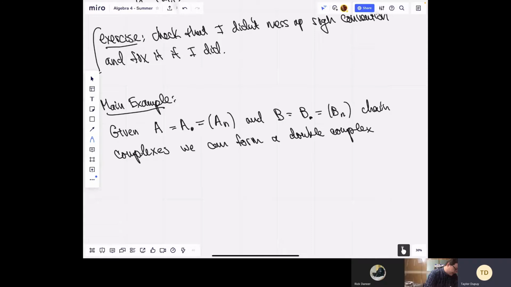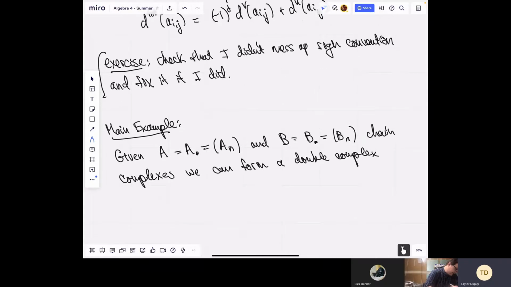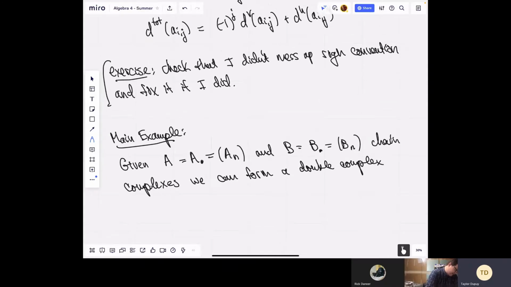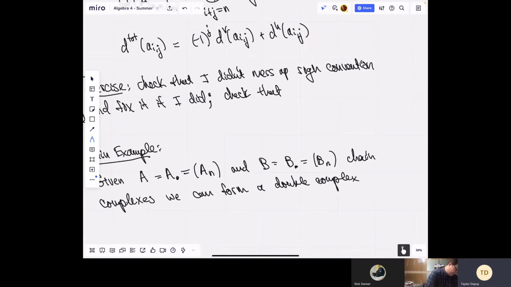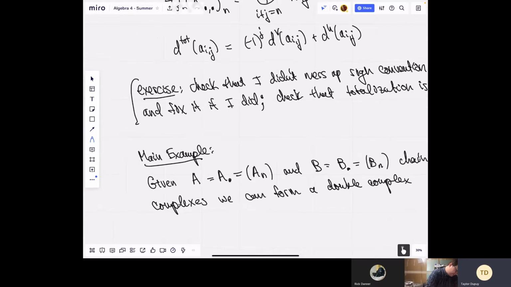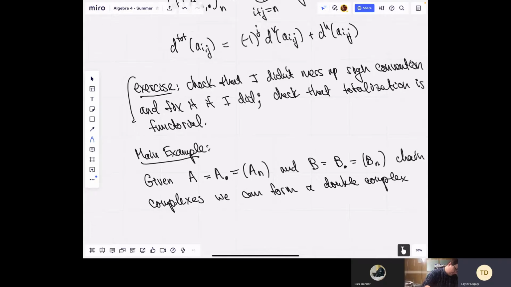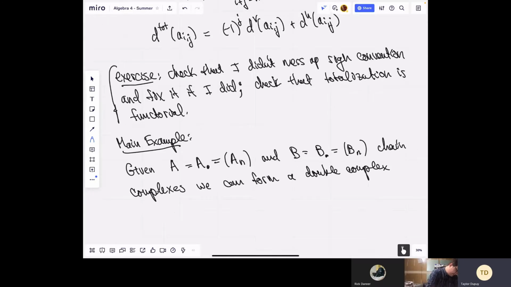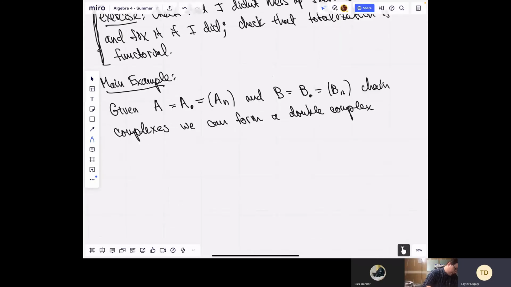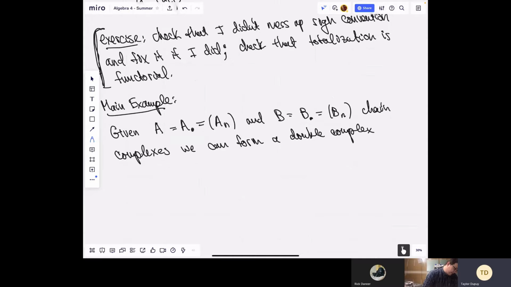The other thing that you should check is that the totalization is functorial, so that chain maps map to chain maps.